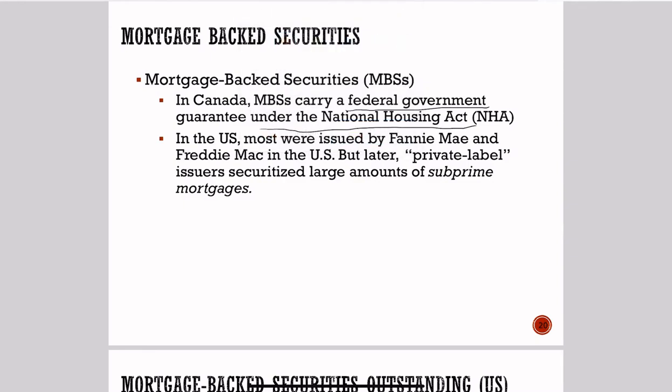And in the US, part of MBSs are guaranteed by these US agencies, Fannie Mae and Freddie Mac. However, in the US, a large portion of MBSs are not guaranteed because they are issued by private firms.